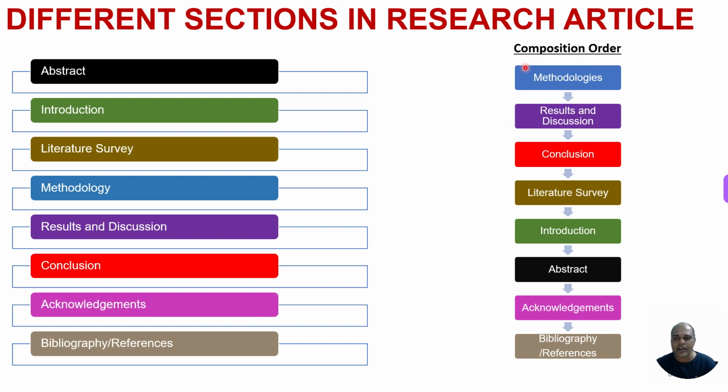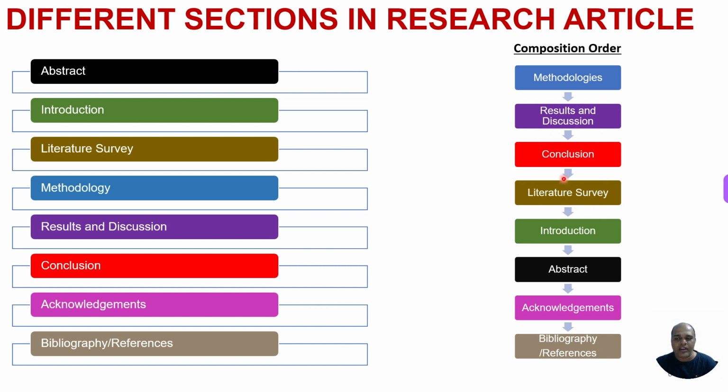If multiple methods are quoted in the methodology section, our results and discussion should also be in that same order. So next the author should write the results and discussion section. Then after completing methodology, results and discussion, we should write the conclusion part, what we try to conclude here.